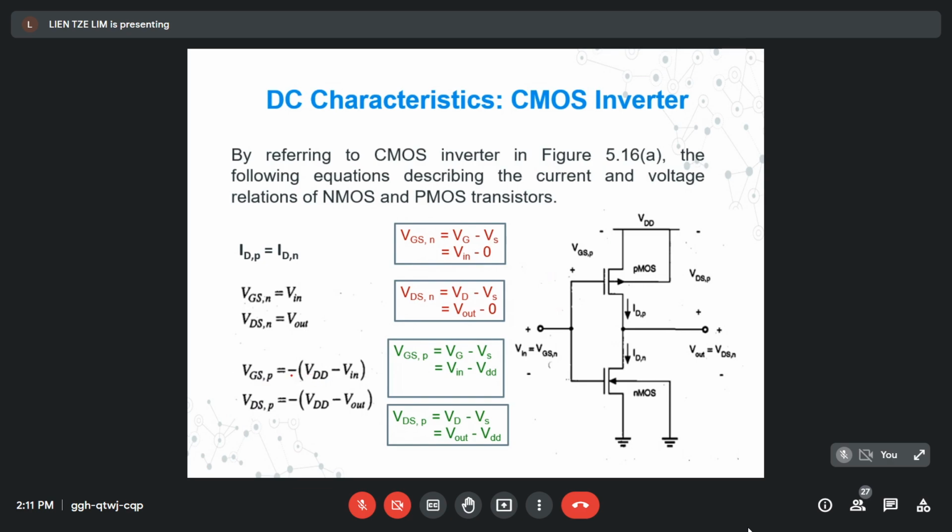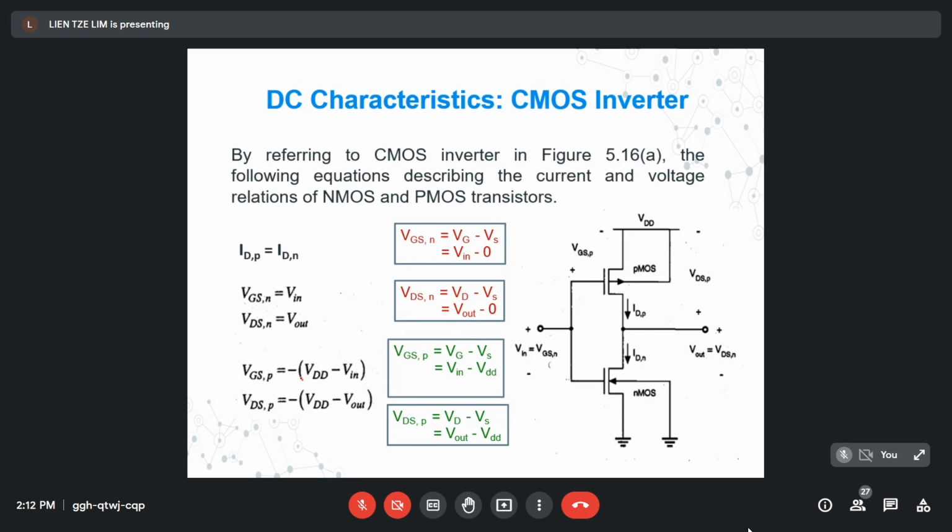Again, we define VGS as VG minus VS. VG is V in, and VS, the source terminal here, is connected to VDD. That is why this is the equation given for the VGS of the PMOS, from these definitions.